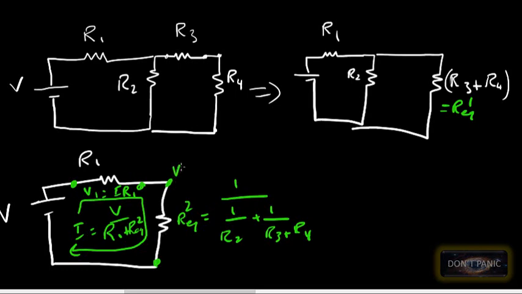So voltage across this is going to be I times the resistance, which is REQ2. So then this voltage is these two resistors simplified, so that means this is the voltage across this branch.